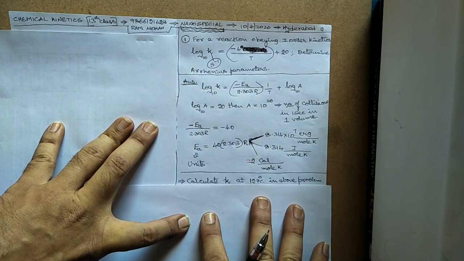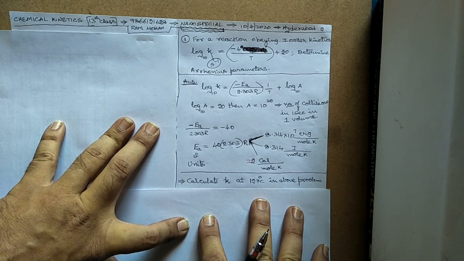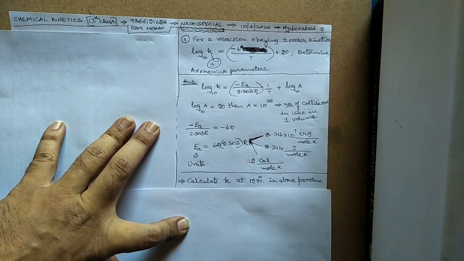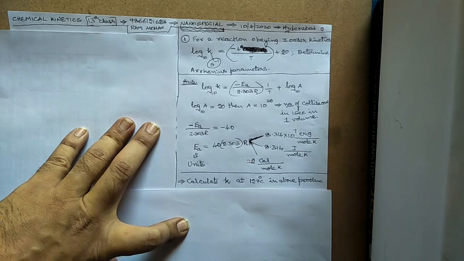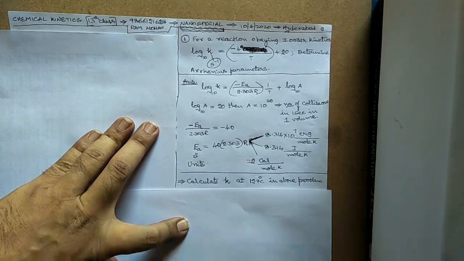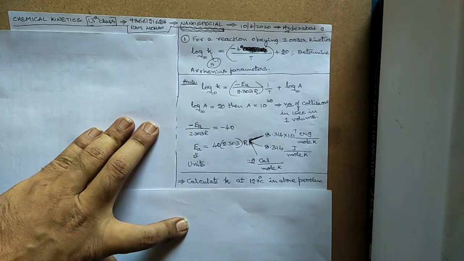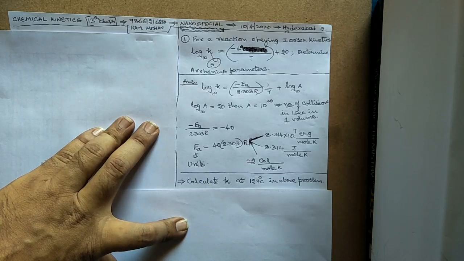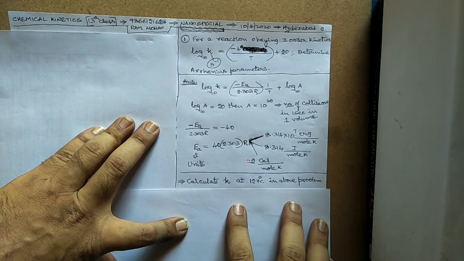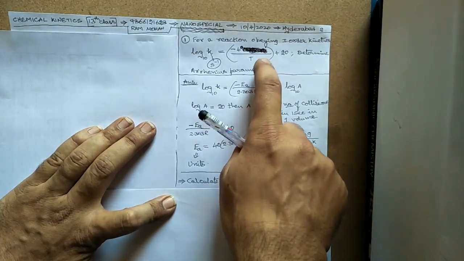Now let's do one more problem based on the same one. Calculate k at 127 degrees Celsius in the above problem. The same problem can also be given in a slightly different way as follows.